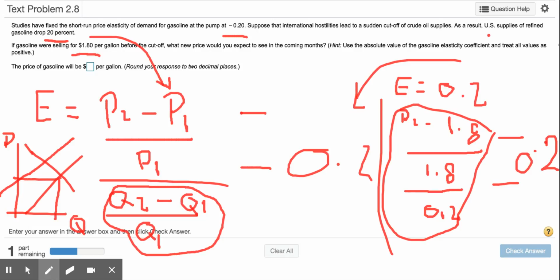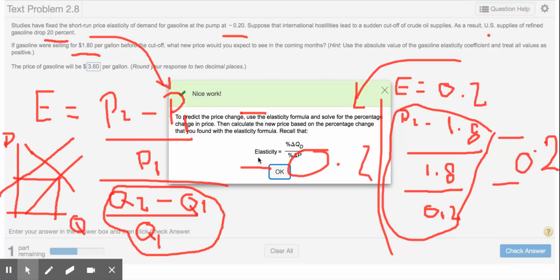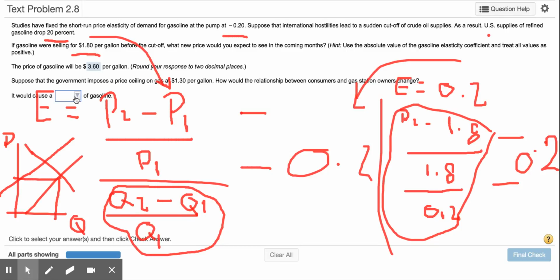So I got 3.60. First thing, I have to round it to 2 decimal places. There you have it. So, okay, we have a second part.